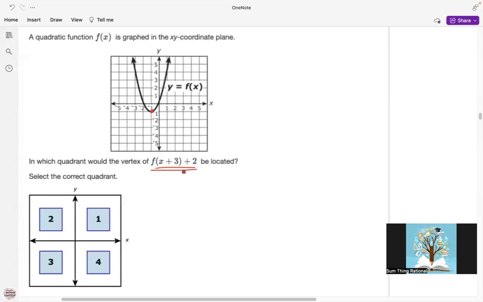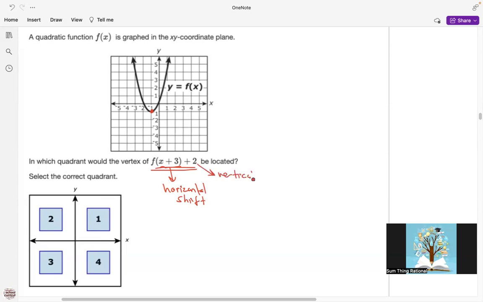In general, when we think about the transformation, this x plus 3 is a horizontal shift, and this plus 2 is a vertical shift.